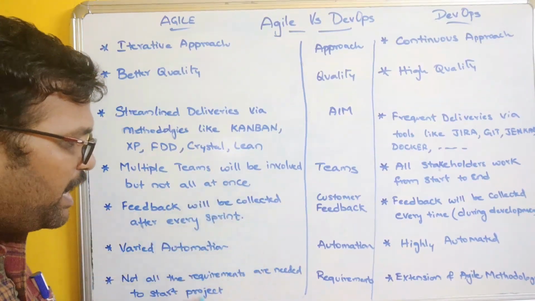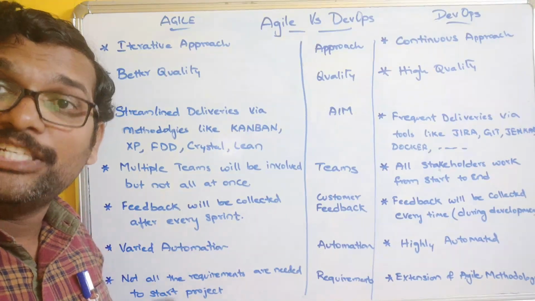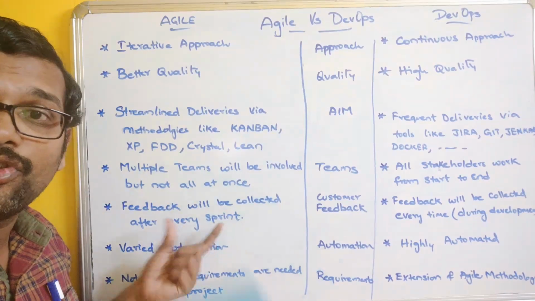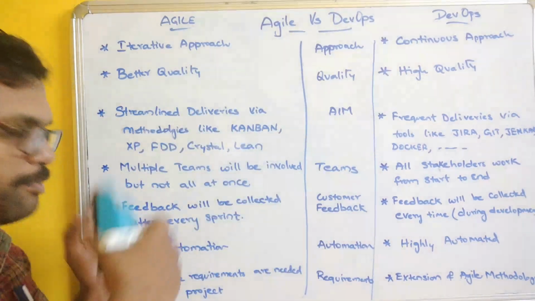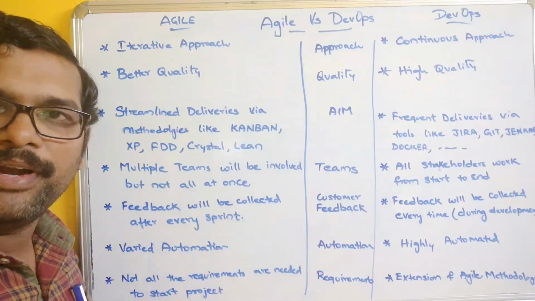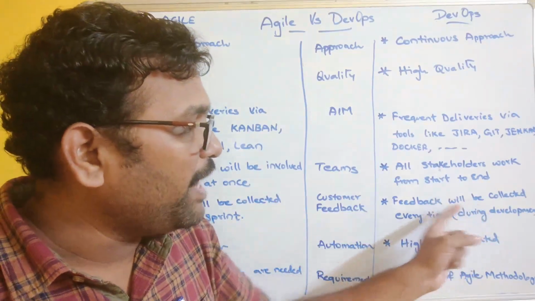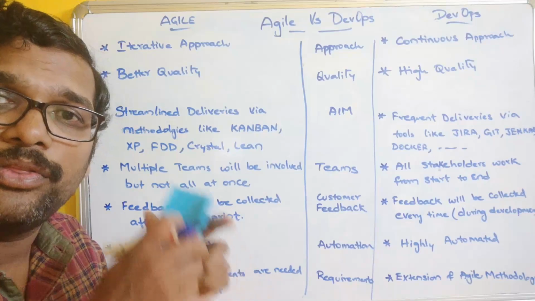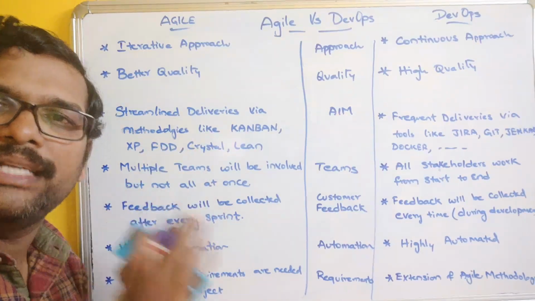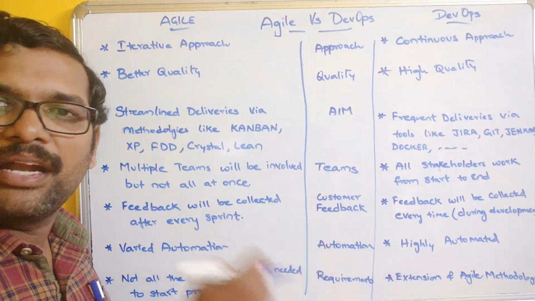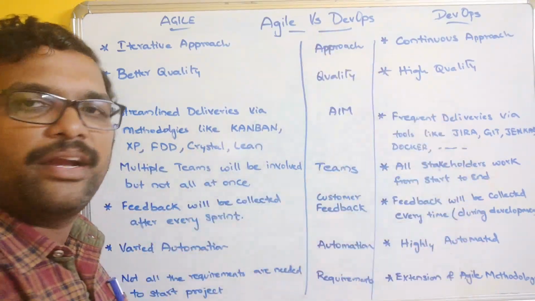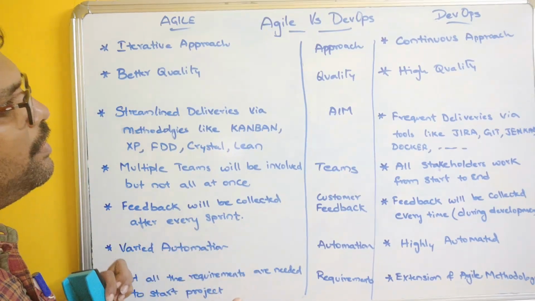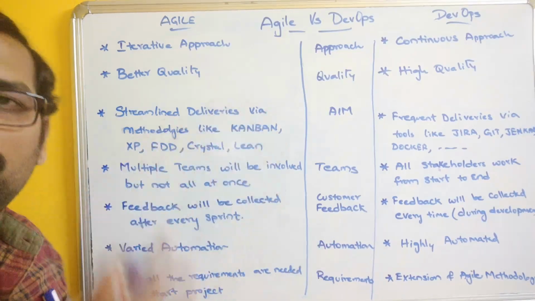If there are any issues, those issues will be corrected after every sprint, so in the next release, the points given in the feedback will be accommodated. But here, that's not the case. Feedback will be corrected every time during the development. The customer will be involved throughout the project, so there is very low risk in DevOps. Whenever there is feedback, immediately it will be accommodated in the project itself. Right? So these are the differences between the Agile methodology and DevOps.